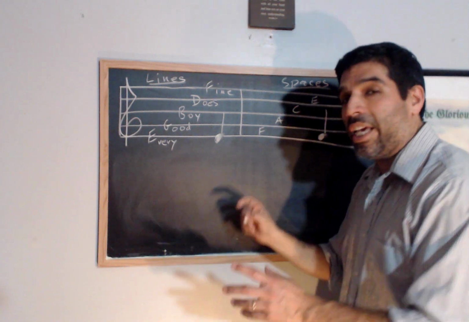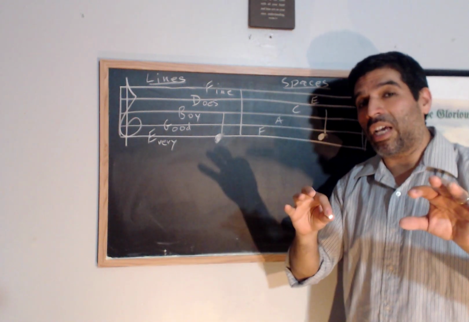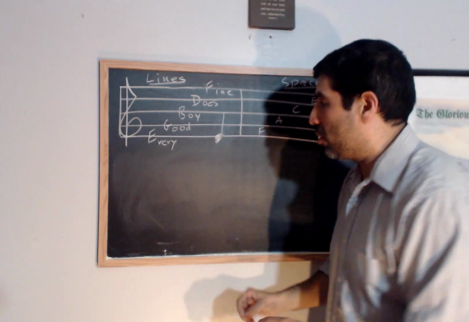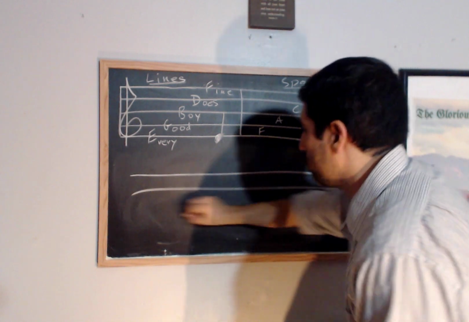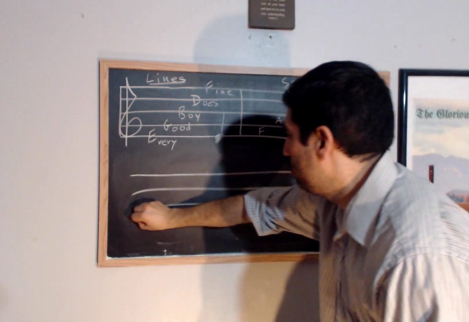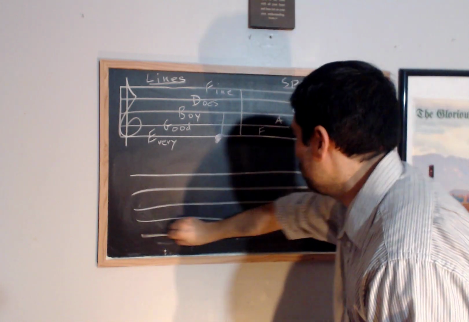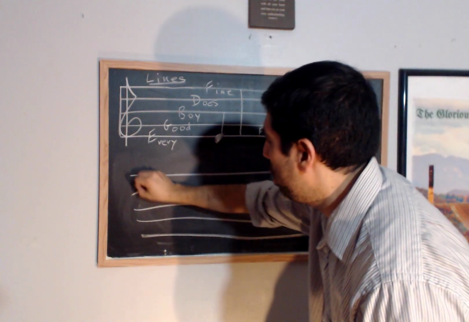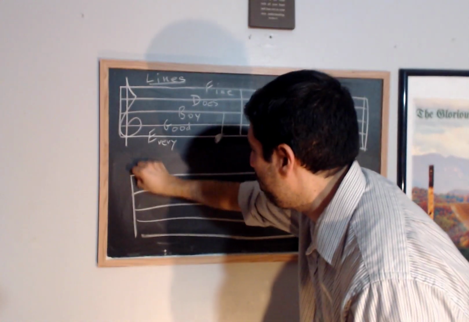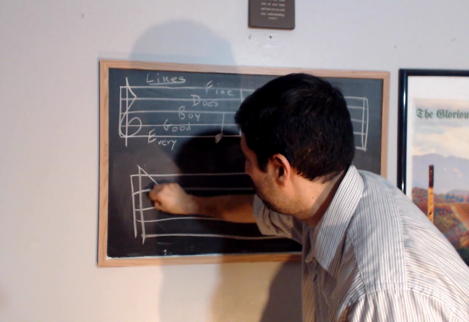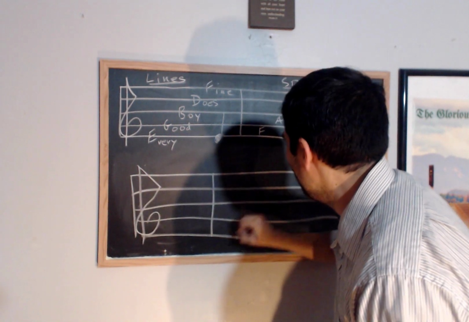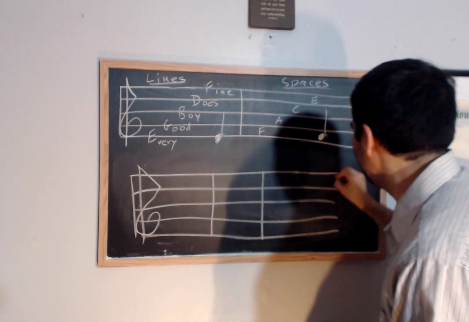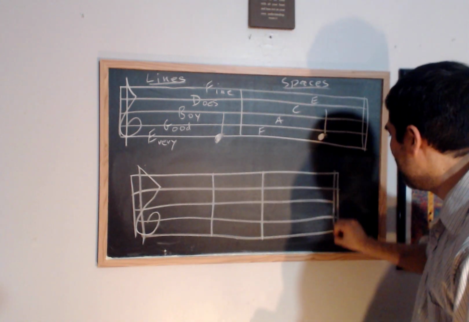And while we're doing this, guys, you should be writing this down. So here we go. Just doing a quick treble clef staff. Don't mind the sloppiness of it, guys.